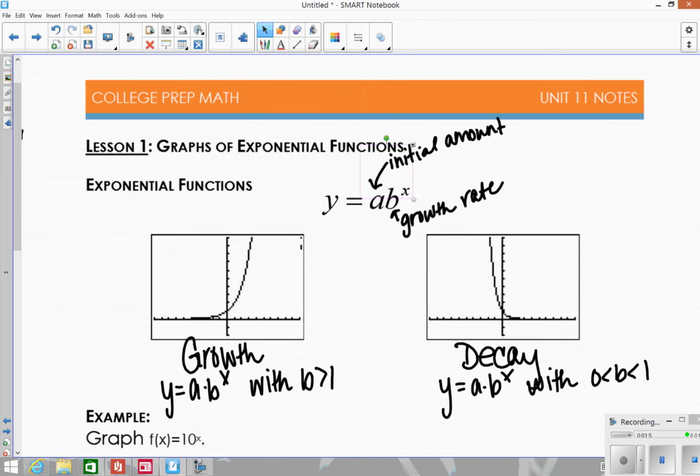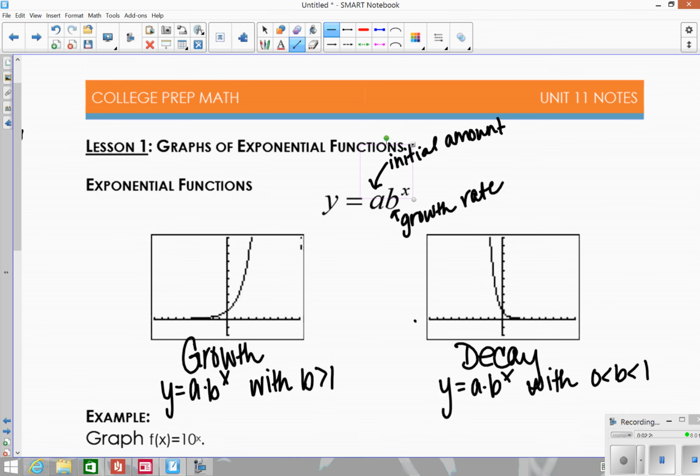And then the other thing to look at is the asymptotes. An asymptote is whenever your graph is reaching a point, but it's not actually crossing it. So in both cases here, the asymptote is going to be the horizontal line at y equals 0.